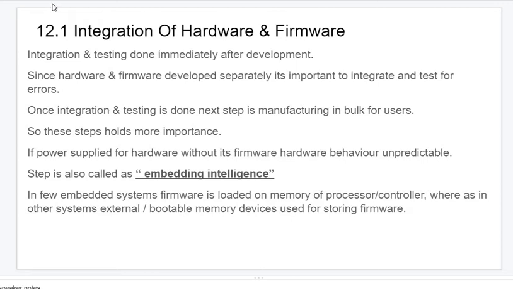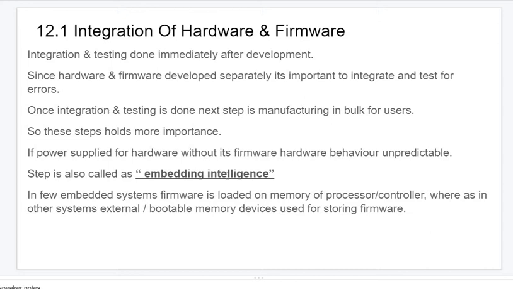Now the concept, in the introductory part, of integration of hardware and firmware: here is one important word. We are embedding, meaning forcing into. So we are attaching intelligence to the system hardware.